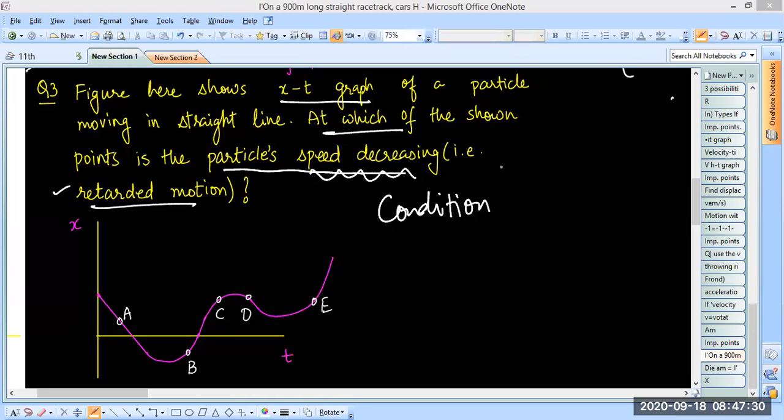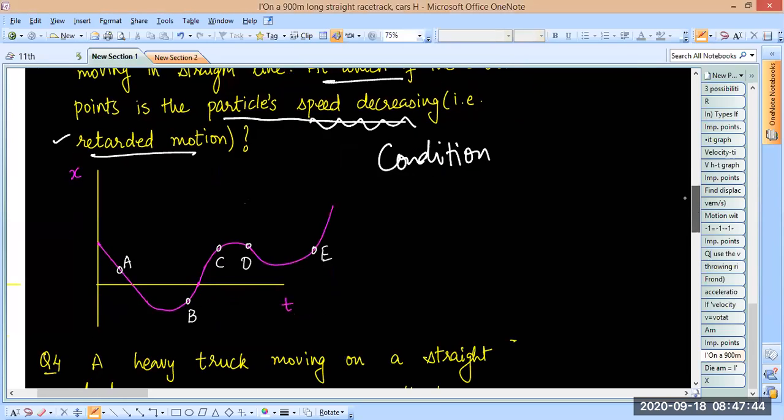Yes, it should be that velocity and acceleration should be in opposite direction. Very good. So here we have to find at which point velocity and acceleration are in opposite direction.